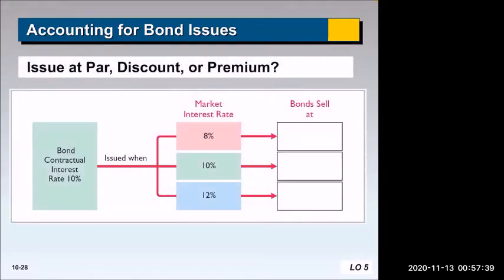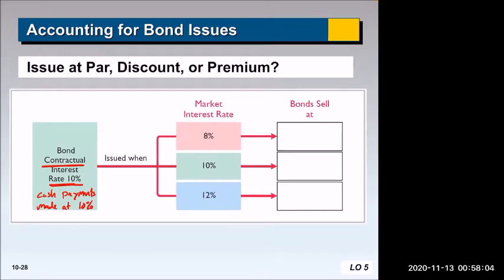So let's look at this. If I have a bond contractual rate, remember, I'm paying 10%. This is cash payments made at 10%.